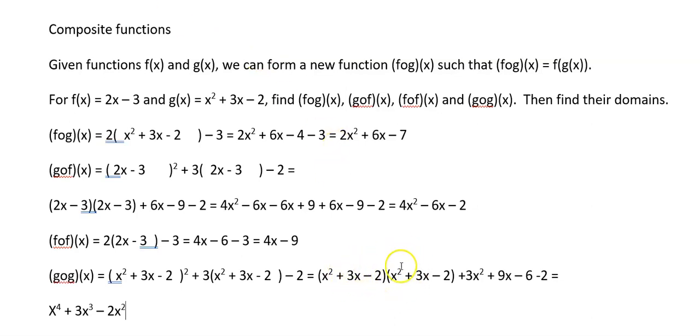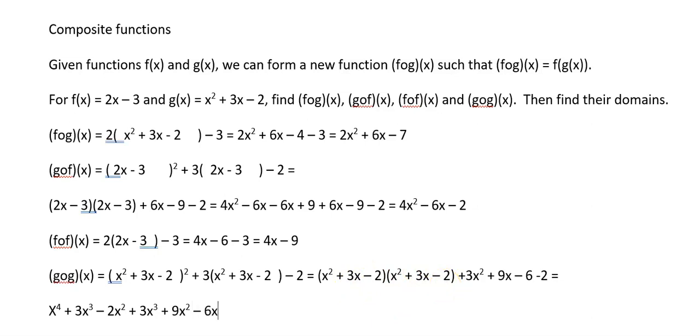Now let's take the 3x and multiply times everything in the second parenthesis. So 3x times x squared will be 3x cubed. All right, and then 3x times 3x will be 9x squared. And then 3x times minus 2 will be minus 6x.